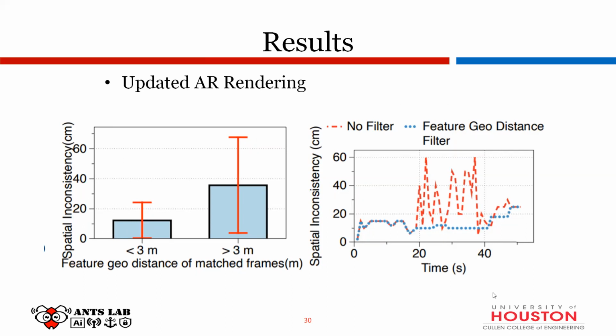In the picture on the right, if we have a feature geodistance filter, we have much less spatial inconsistency, whereas if we don't do any of those, the inconsistencies are relatively larger.